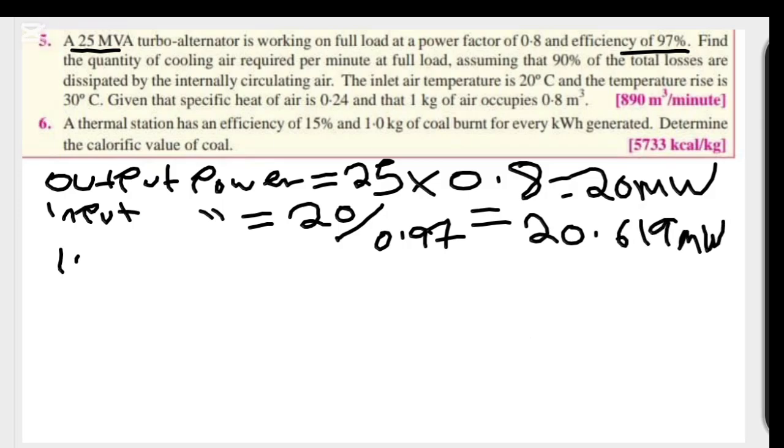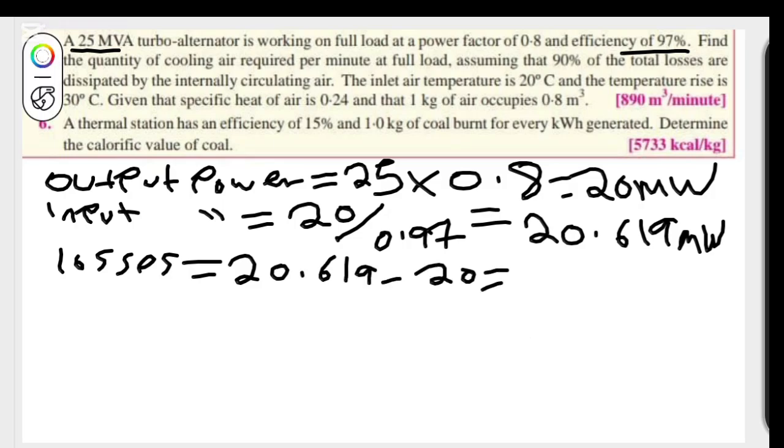So I have to find the losses. The losses is the same thing as the input minus the output. 20.619 minus 20 is the same thing as 0.619.